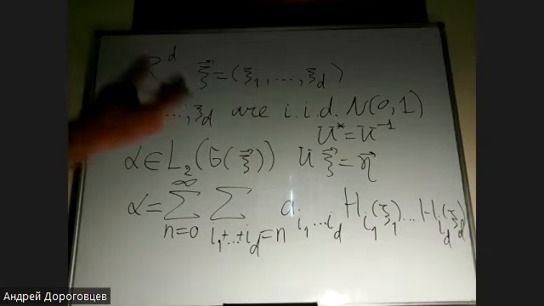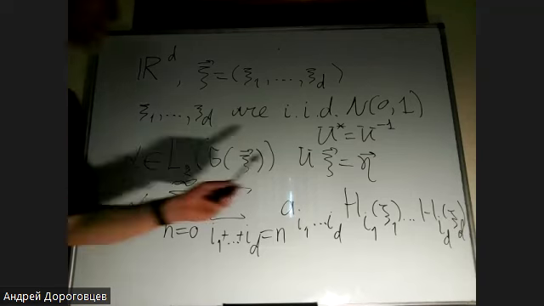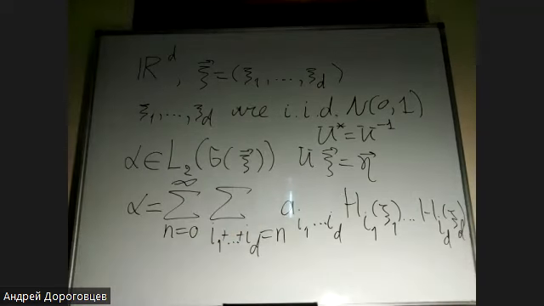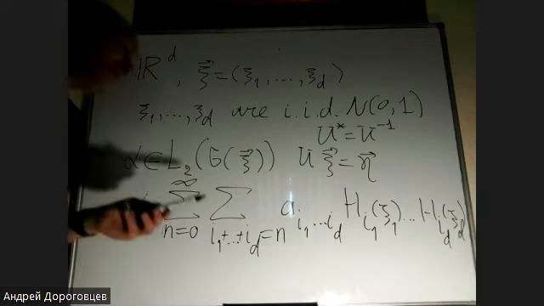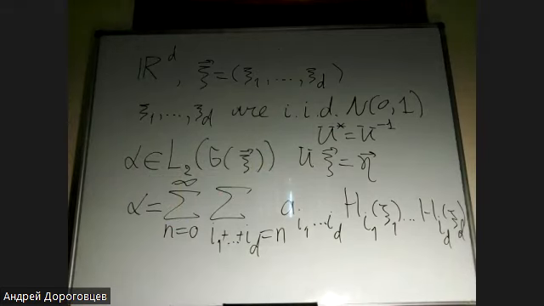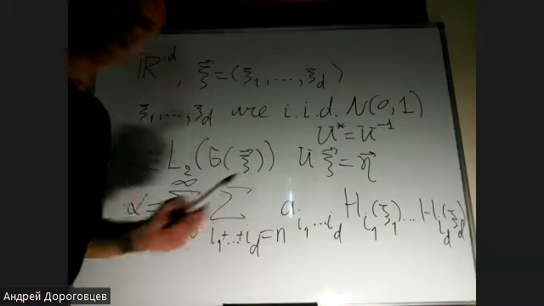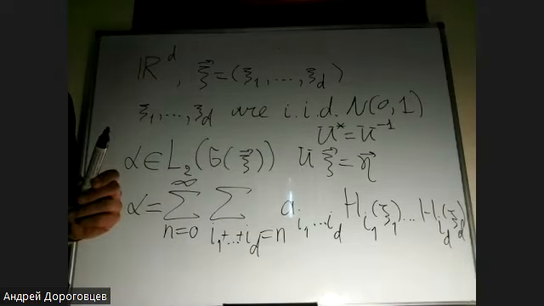And it is evident that if α is measurable with respect to ξ, it will be measurable with respect to η. And one can ask, what will be the expansion of α with respect to η? Maybe some other coefficients, of course, but what coefficients will be written here?